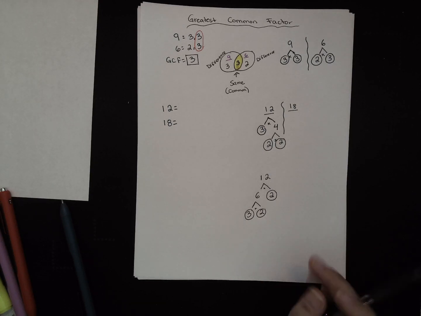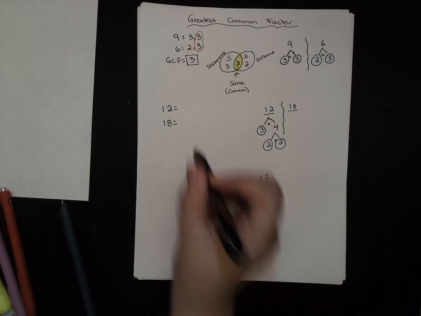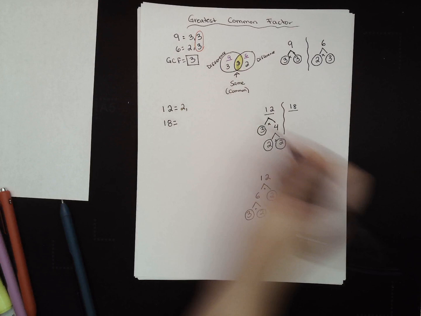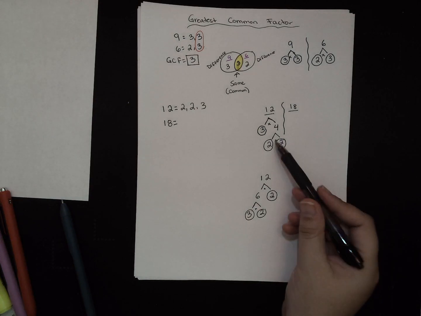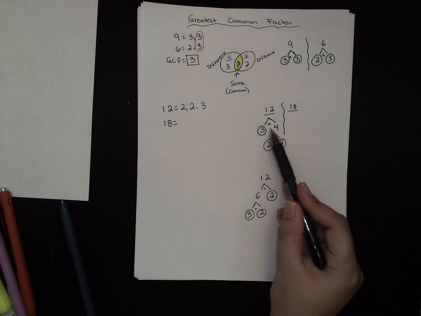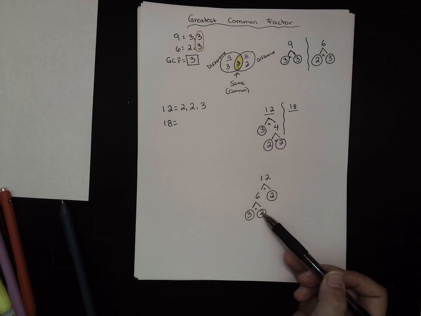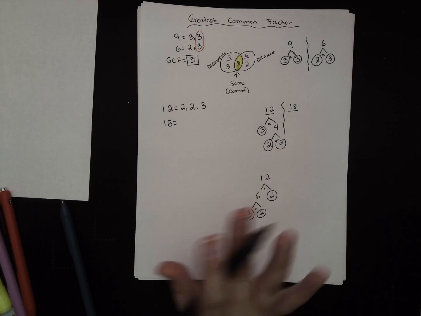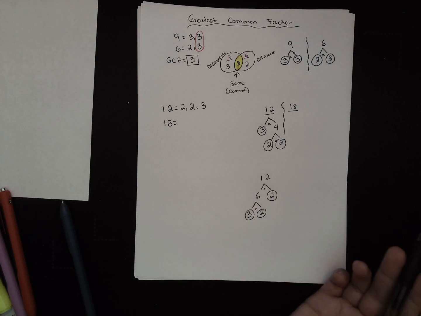So if you need to write them over here, you still get to see that your factors are 2, 2, and 3. It doesn't matter which two factors you want to use to start with. At the end, you're going to have the same results. So no problem whatsoever. I just wanted to point that out.